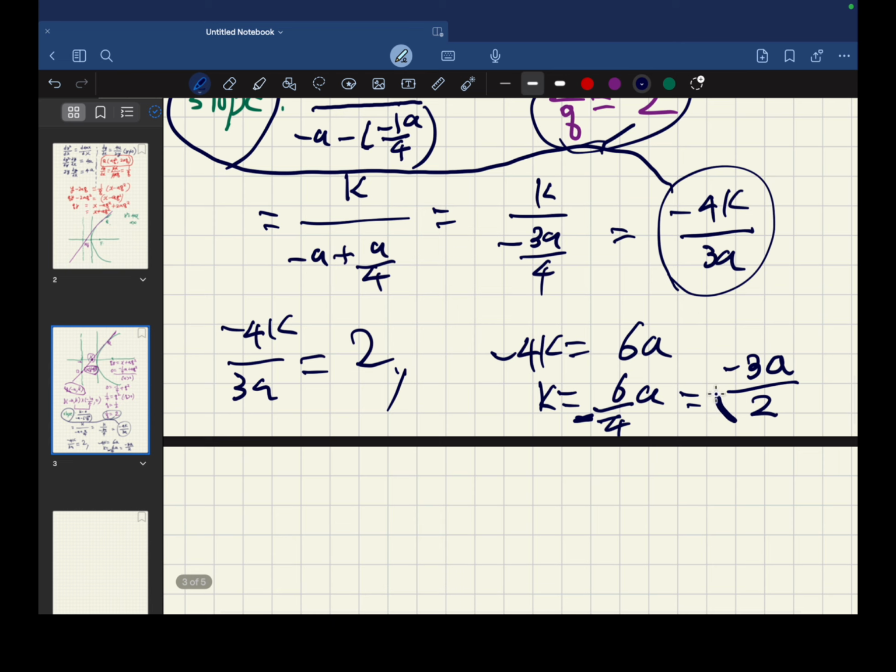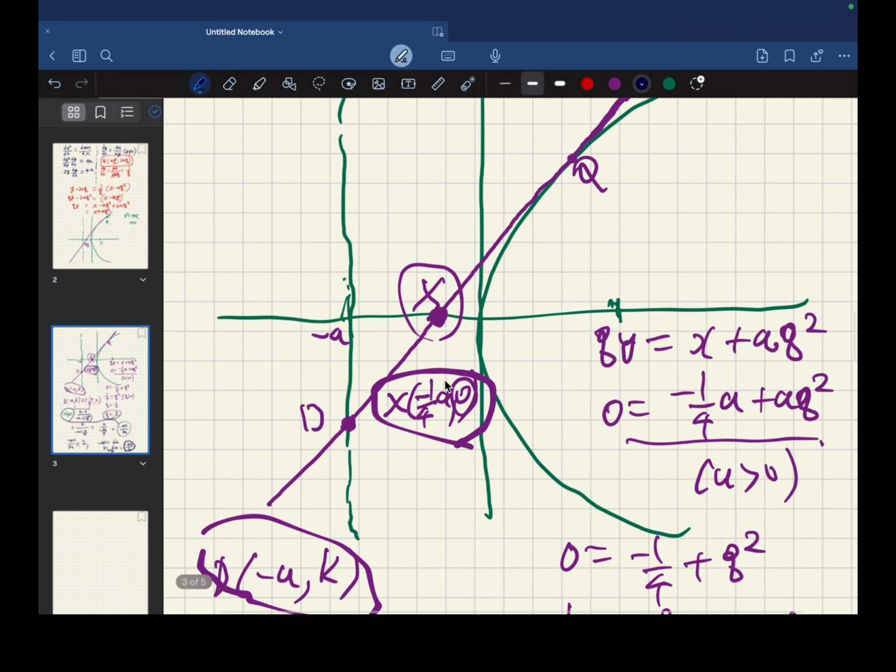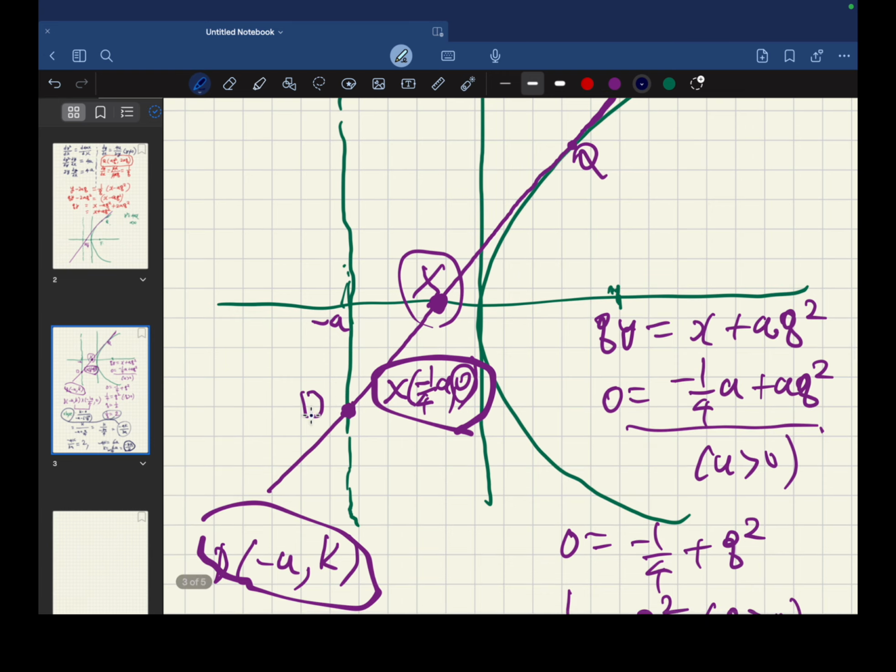The k is negative, and the position on this diagram looks like it makes sense since D is here in the third quadrant, so k should be a negative value here.